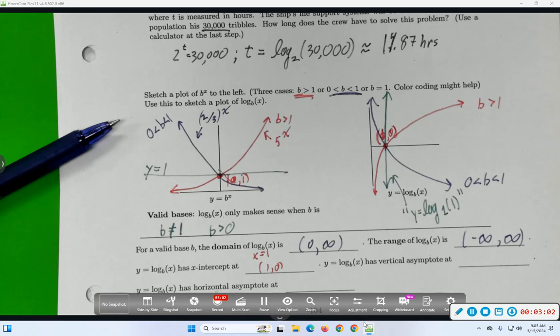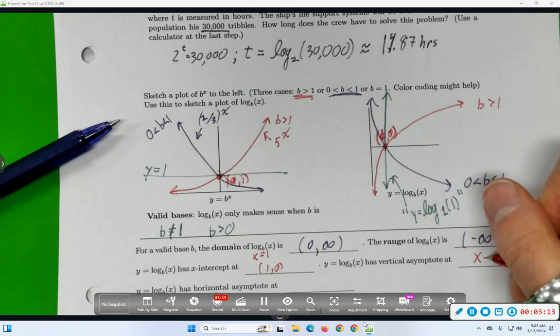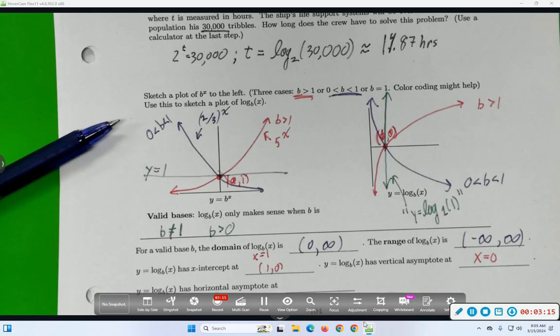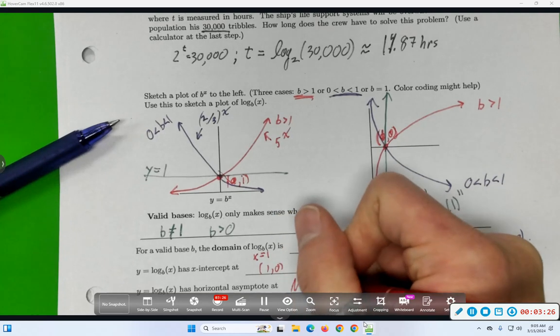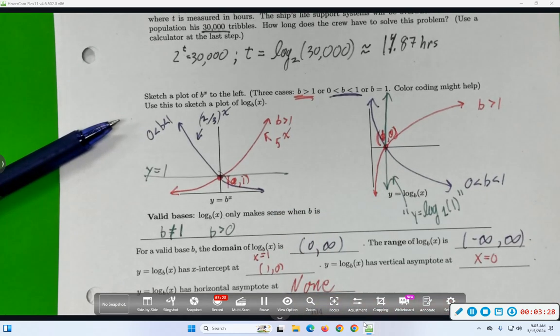Tell me about its vertical asymptote. It has a vertical asymptote at 0. Yeah, and again, I'll be a bit of a pedant. I'll say x equals 0. Tell me about its horizontal asymptotes. It doesn't have it. I guess grammatically that's nonsensical. It doesn't have any horizontal asymptotes.